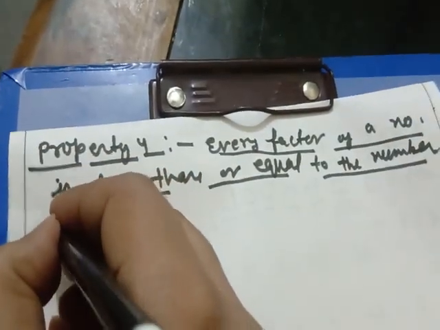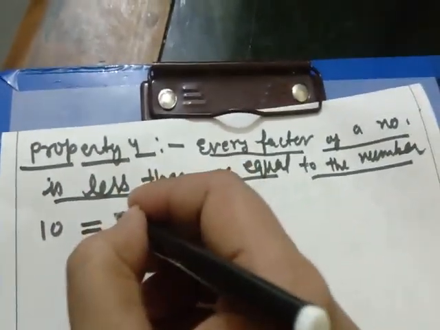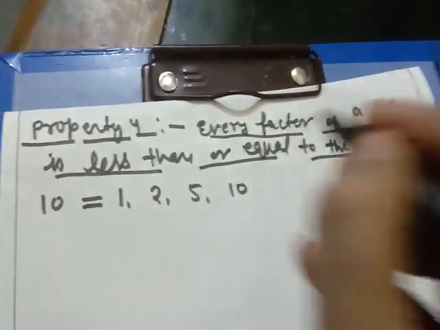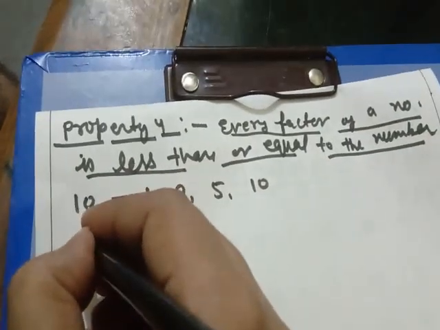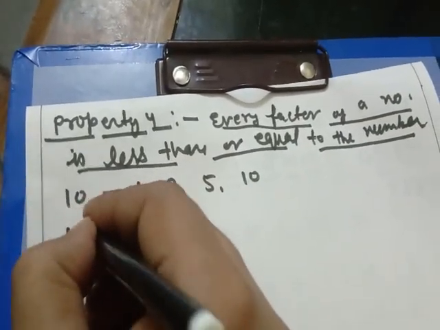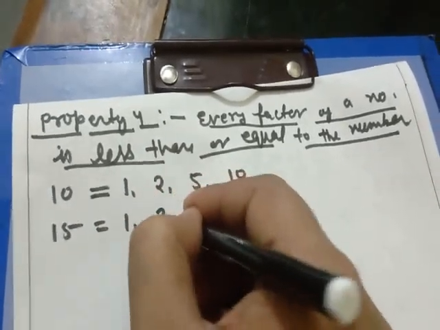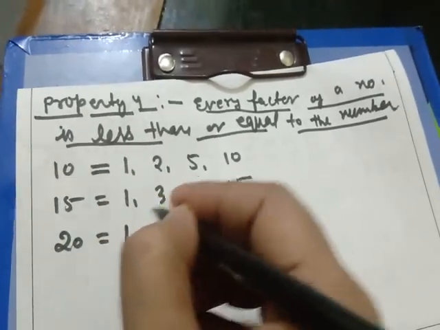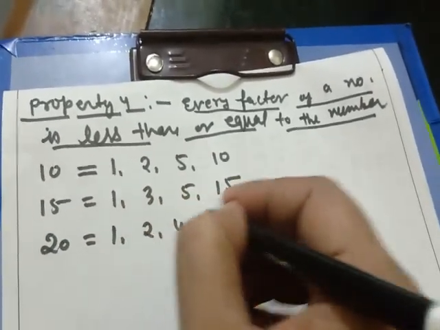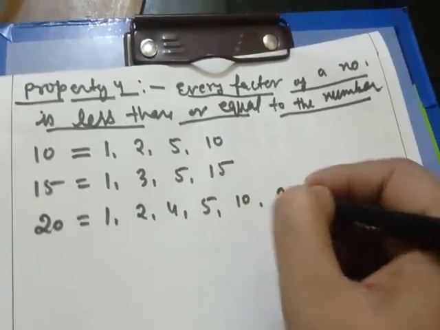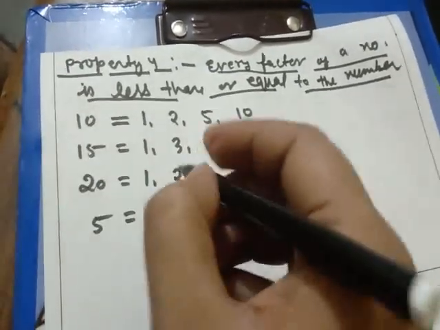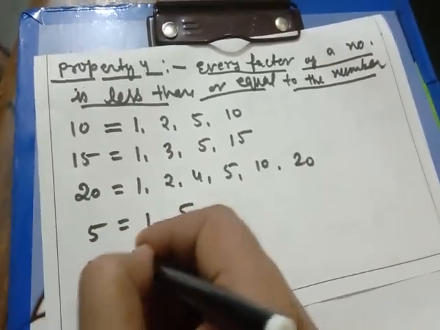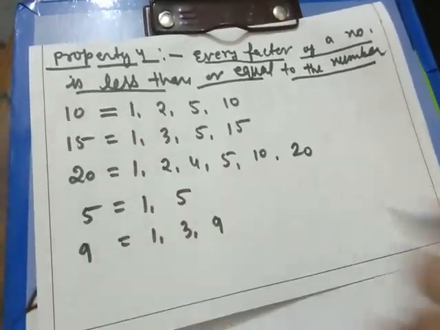How? Suppose that I have taken number 10. Find out the factors of 10: 1, 2, 5 and 10. Some other examples: 15: 1, 3, 5, 15. For 20: 1, 2, 4, 5, 10 and 20. Example 5: 1 and 5. 9: 1, 3 and 9.